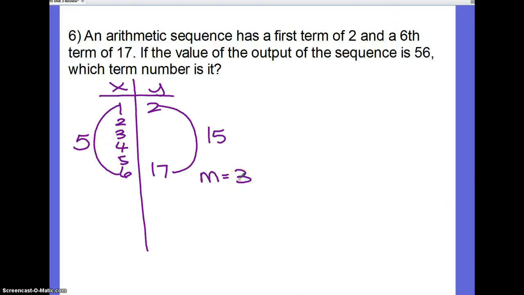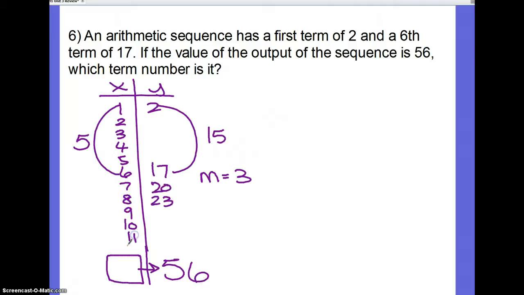And we want to know what term will the output number be 56. So the output is 56. We need to know what term number it is. So we could just keep adding 3 until we get there: 9, 10... I don't know when it's going to be, but we could just keep adding 3: 29, 32, 35.